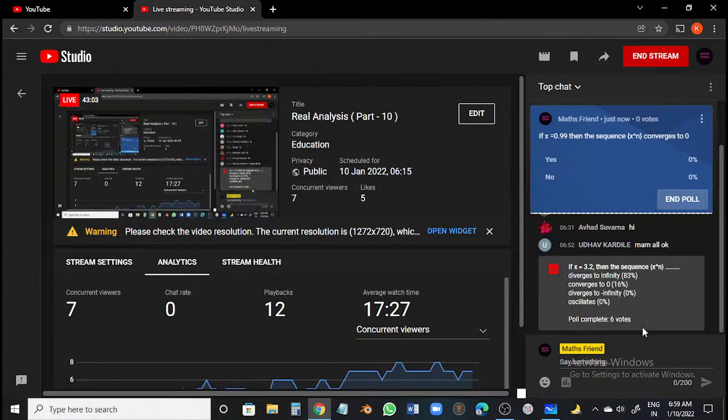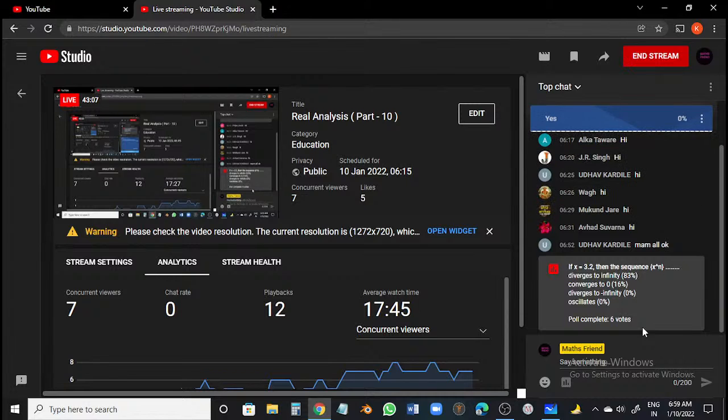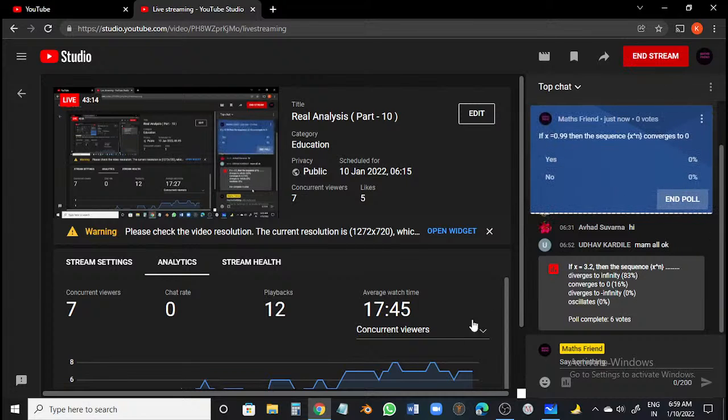So another poll is on your screen. It says if x is 0.99, then the sequence converges to 0.